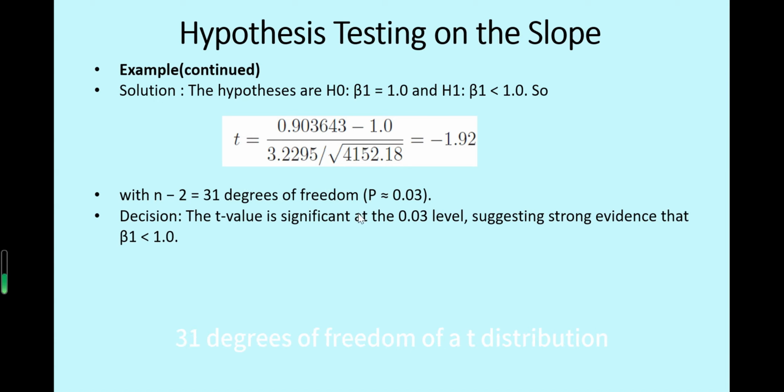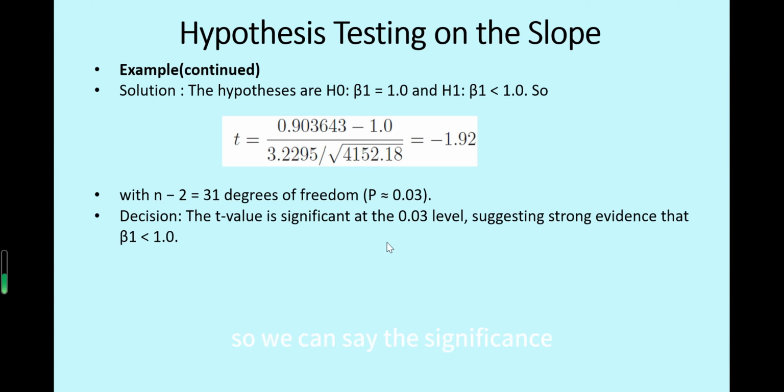In a one-sided test, the p-value equals the area to the left of this value under the t distribution density curve. This area is about 0.03. So this p-value is quite small, less than 0.05.